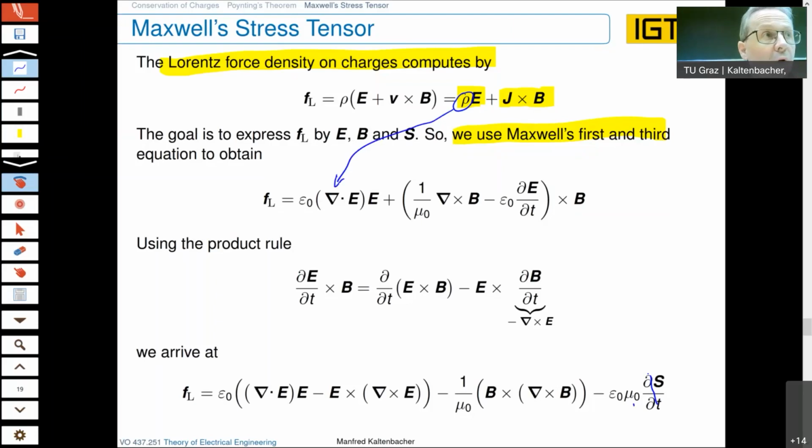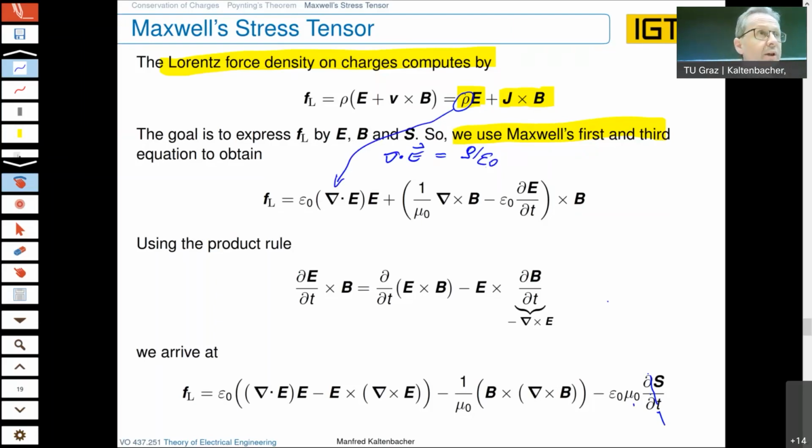We know that Gauss law tells us that the divergence of E is equal to the charge density over epsilon 0.